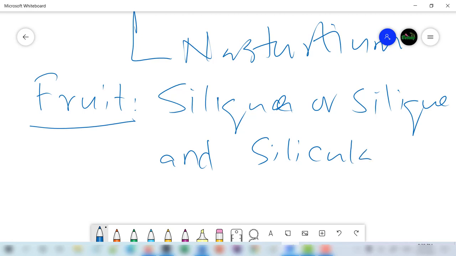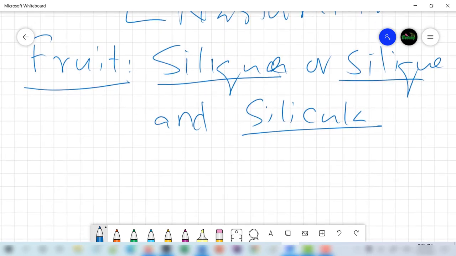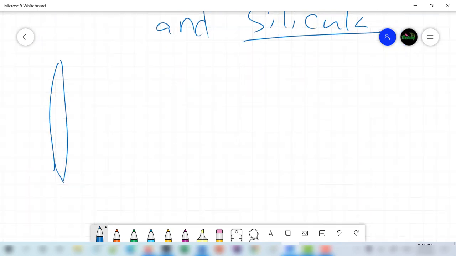The difference between these two fruits is the length and width of the fruit. Siliqua is a longer fruit, narrow and long, whereas the silicula is a broad, triangular shaped fruit like in shepherd's purse. Its length is not great and it is much wider or broader as compared to silic or siliqua.